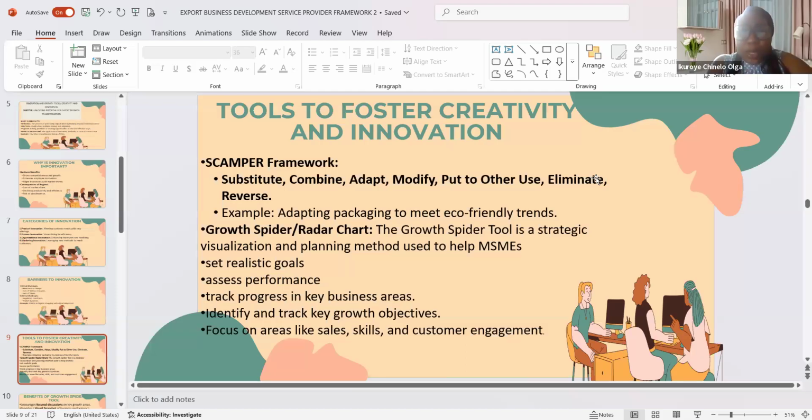So that's what this growth spider does. So let's always have it in mind that it's very important to track your progress in key business areas.